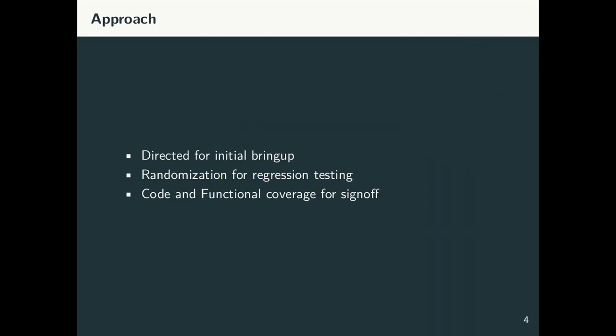So on the functional side, what we are basically trying to measure is whether we have hit all the bins, and whether we have hit all the crosses. Then we look at the assertions which we had declared. It can either be a positive assertion, which means that if X has occurred, Y should occur, or a negative assertion, that is, if X has occurred, Y should not occur.